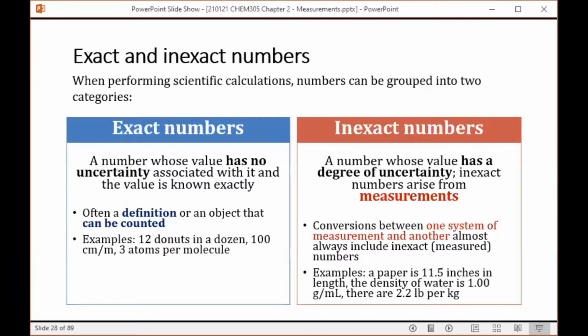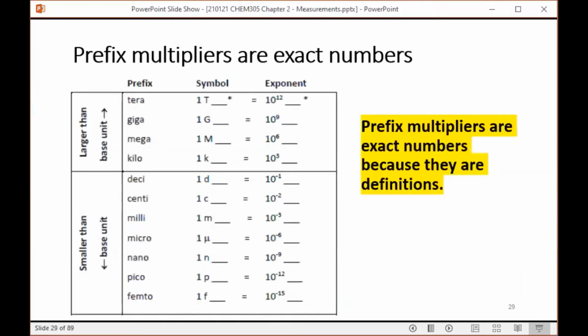So to come up with a conversion factor involved taking a measurement. The prefix multipliers in the metric system are all exact numbers because they're all definitions. And so when you're dealing with prefix multipliers, you're automatically dealing with exact numbers.